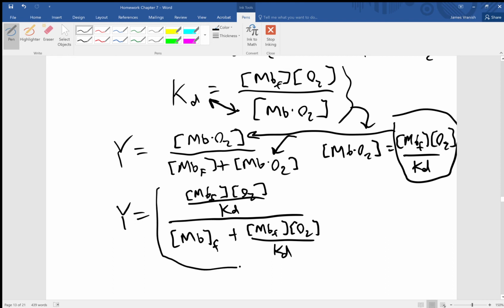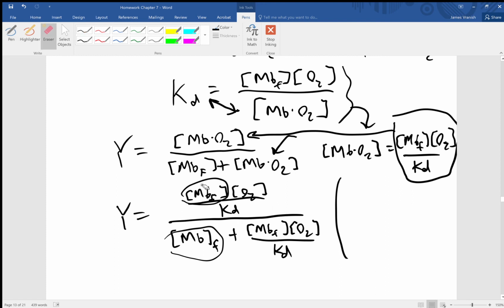Now we want to simplify this down. Nobody, including scientists, really likes having fractions within fractions. So we're going to multiply just the right side by a certain fraction to get rid of these Kd terms in the bottom. I also want to point out that every term here has the free myoglobin in the numerator. So we're going to multiply the right side of the equation essentially by 1, using expressions that are here.